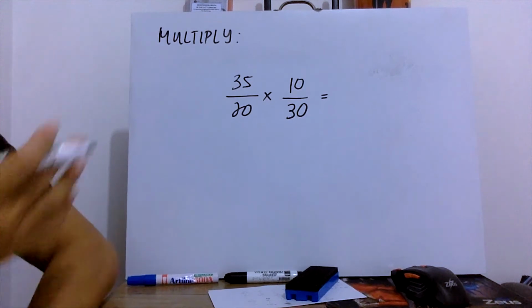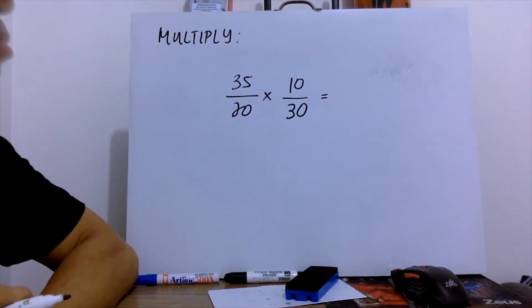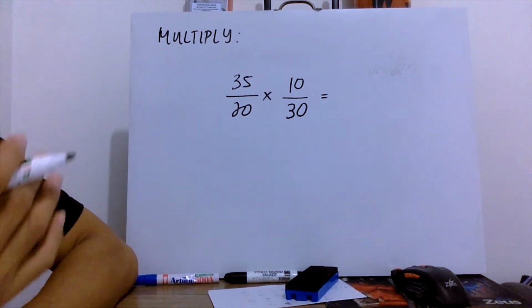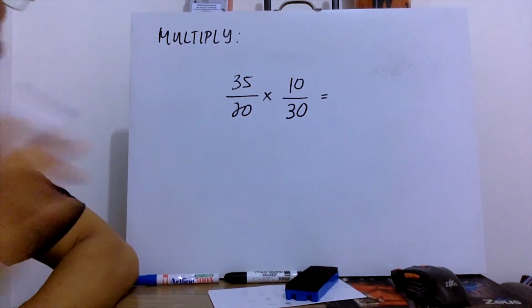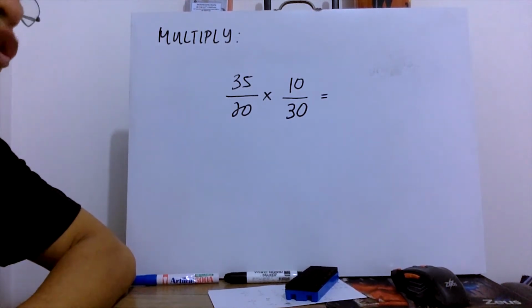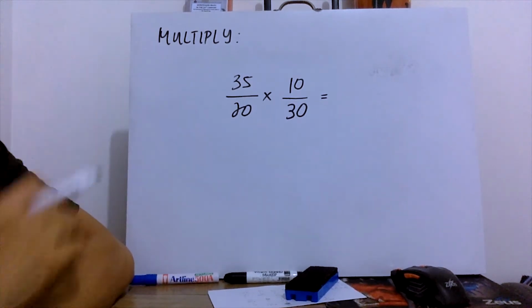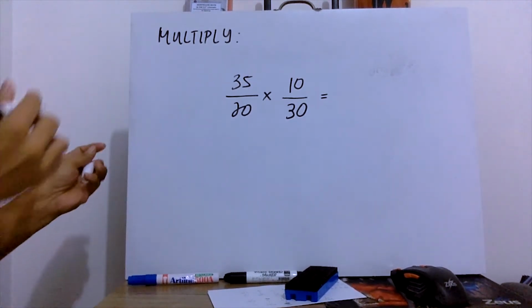Actually, I'm giving you a choice. If you want to multiply, you can do it. Why not, right? But what I'm after here is how to make it easier, how to make it quick. Remember, when we do our seat works, when we do our quizzes, our exams, it's always time limit, right? You have to do it in 1 hour or else, diba? Okay, so what do we do?